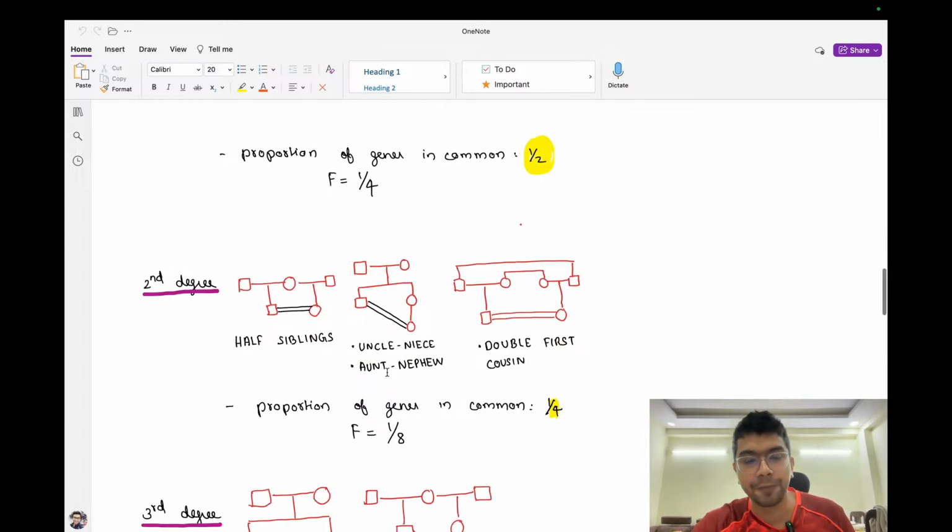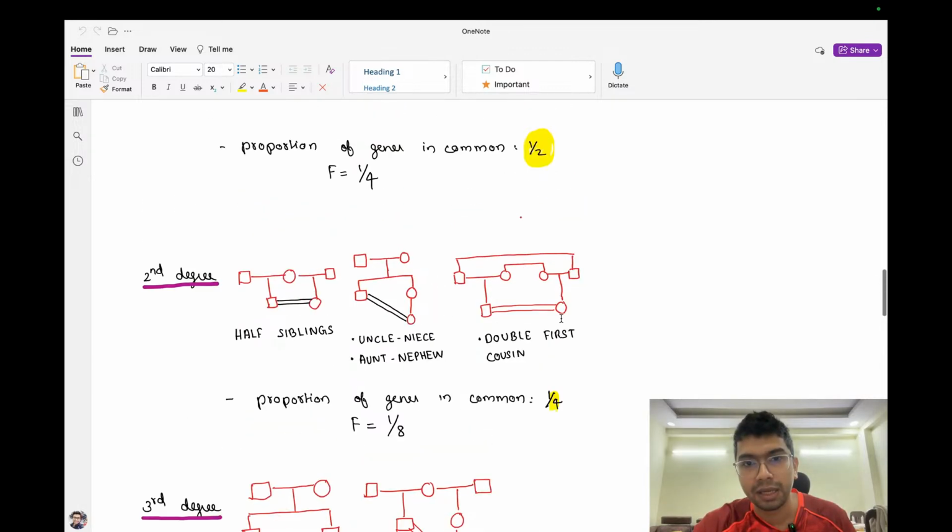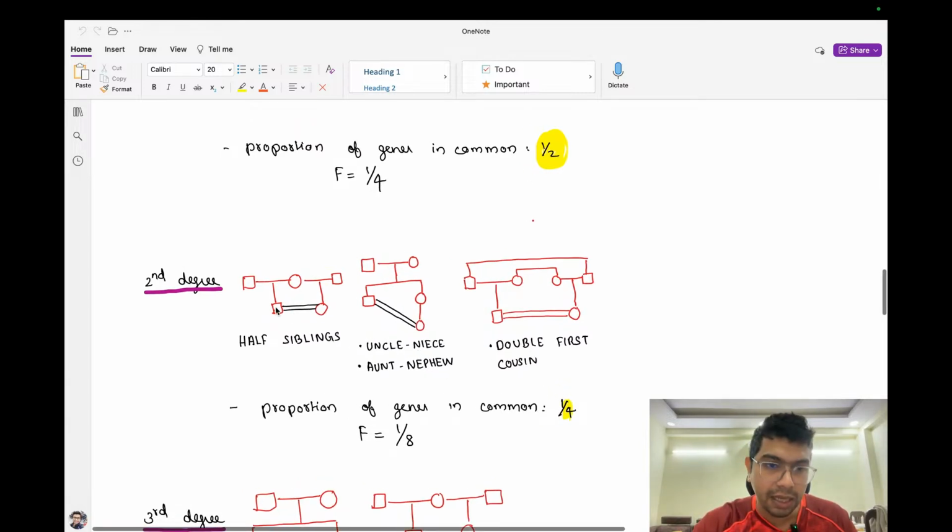Coming to second degree. Second degree means the proportion of genes in common will be 1/4. Here it was half, here it is 1/4. So what are the possibilities? A relation between half siblings, that means both the partners have one common parent, or an uncle, niece, or aunt, nephew relation, or double first cousins.